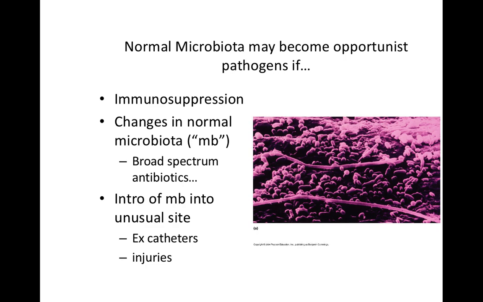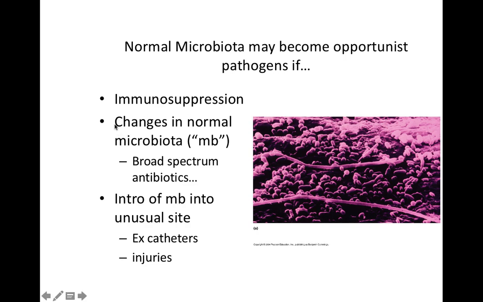They could have an autoimmune disease and thus be on immunosuppressive drugs. They could be an organ transplant recipient and thus be on immunosuppressive drugs. If a patient has HIV and they progress to AIDS, then they definitely have a suppressed immune system.